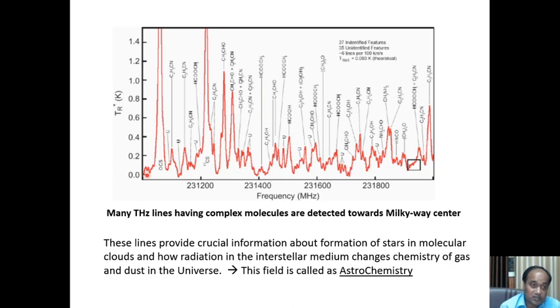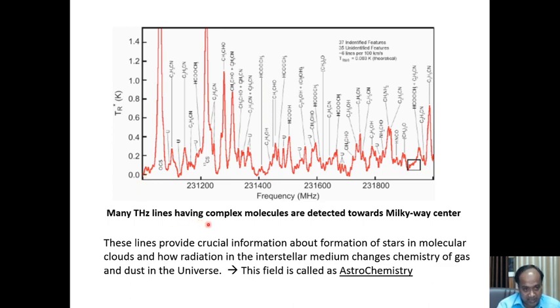These complex molecules are very important for the life aspect, because we are made not of simple molecules but of very complex organic molecules. So there is always a quest to understand how life gets formed, and astronomers look for a connection in space: if you see such molecules, you get a hint of how life could have evolved.